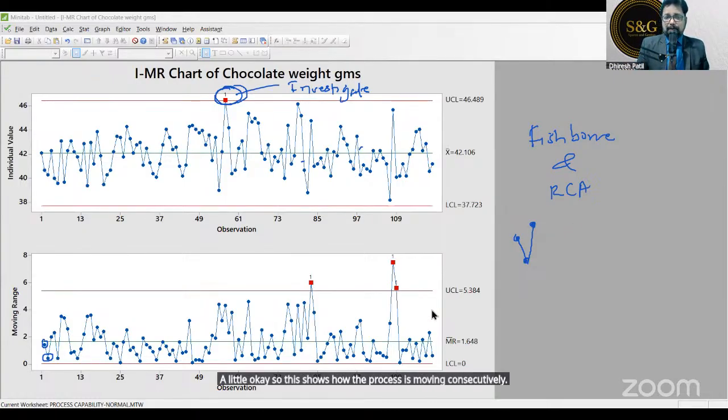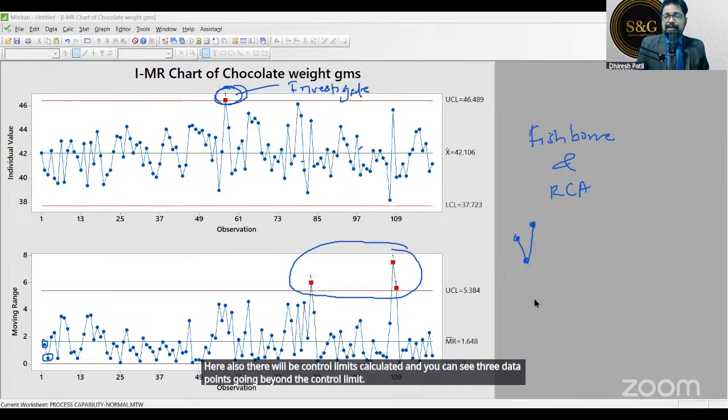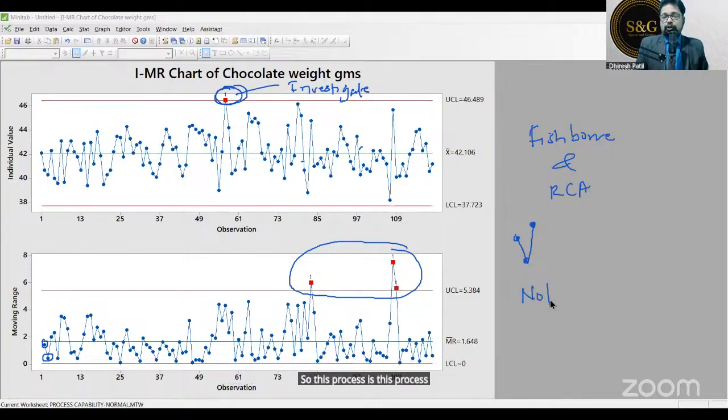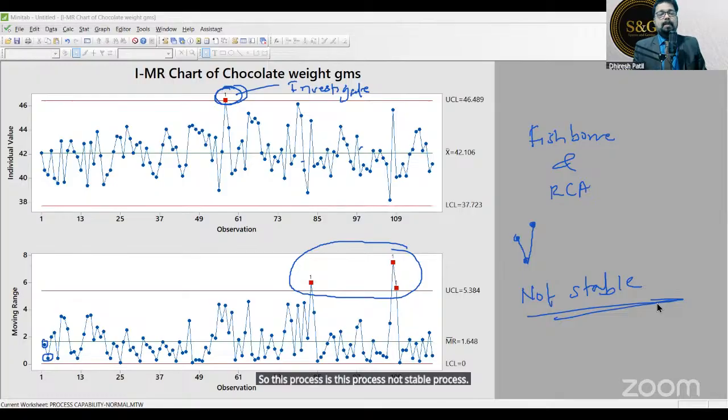Here also control limits are calculated and you can see 3 data points going beyond the control limit. So this is not a stable process. Are you clear with this? Just type yes in the chat box.